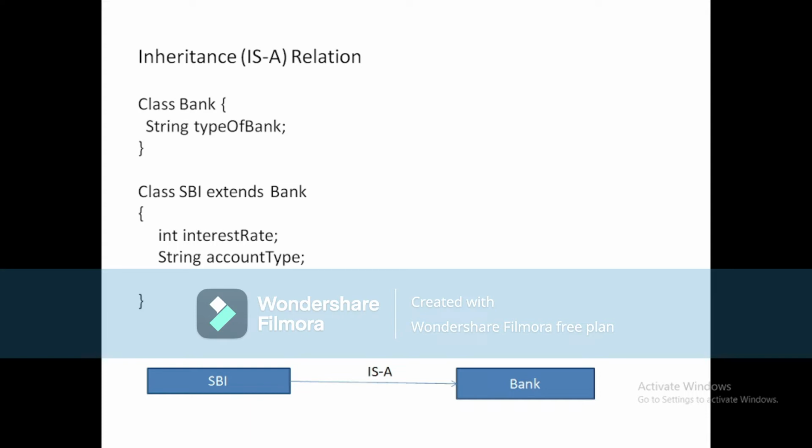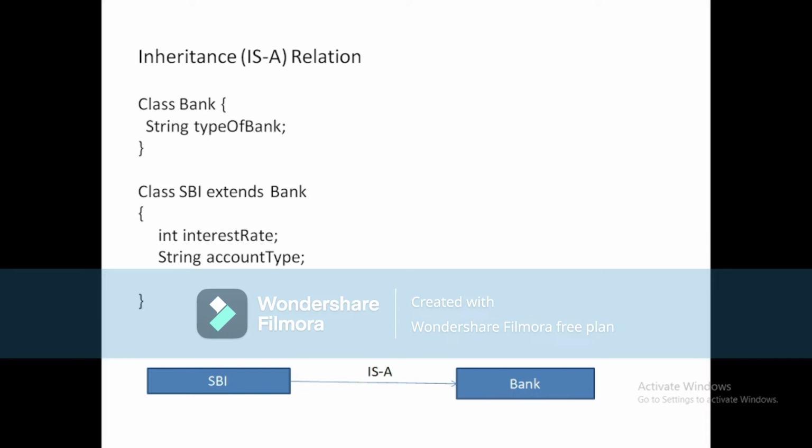Here I took one simple example, which is bank related. It's a real time example, that's why I took a bank example. For example, I have a bank class, and banks have types: commercial banks, public sector banks, private sector banks, foreign banks.